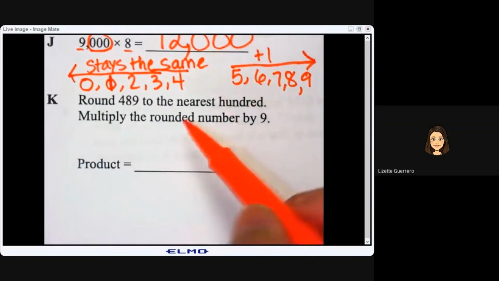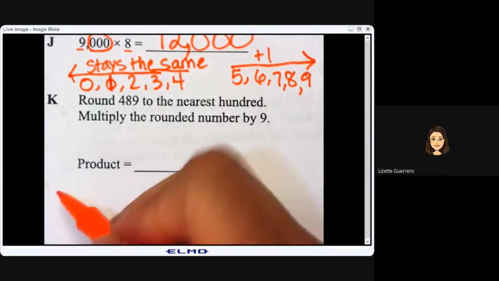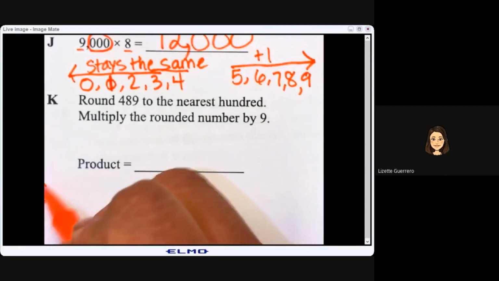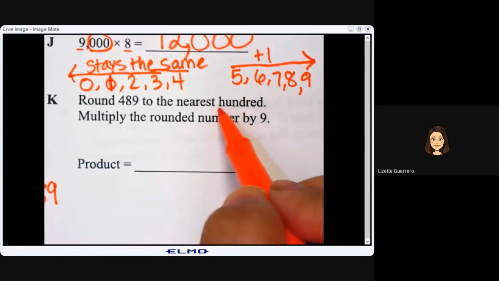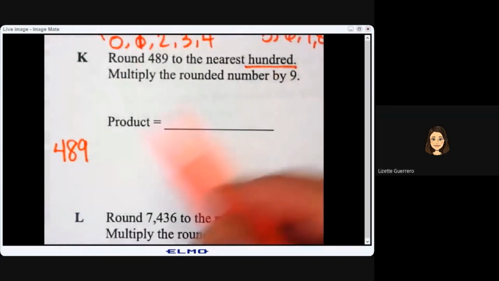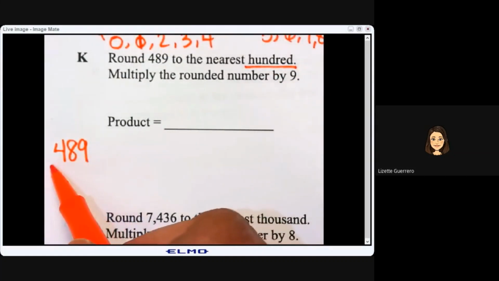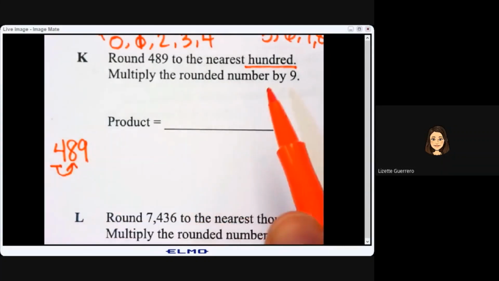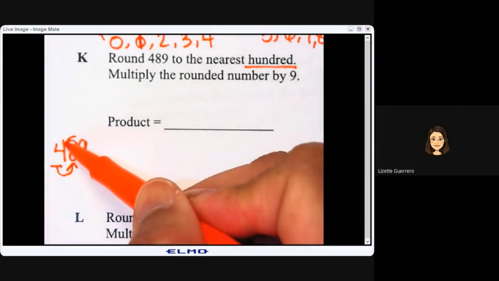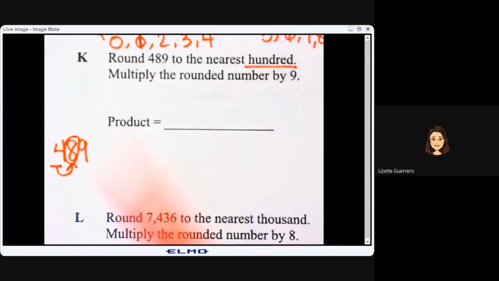So let's look at this number. Our number is 489. So I have 489 rounded to the nearest 100. So I'm going to underline my hundreds place, ones, tens, hundreds. And then I'm going to draw an arrow to my 8, and I'm going to circle my 8.